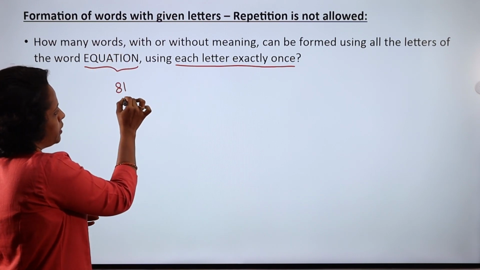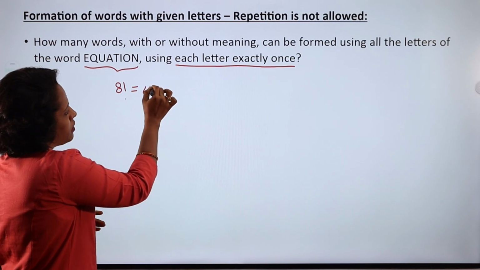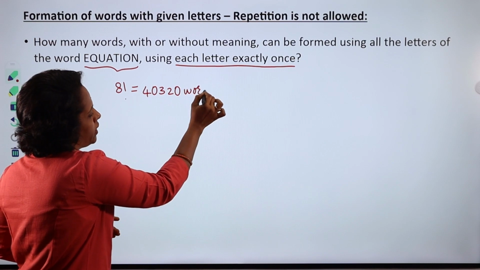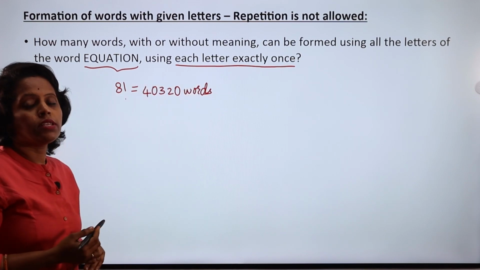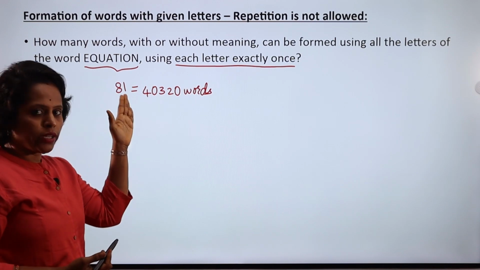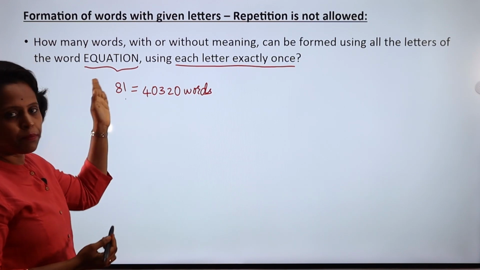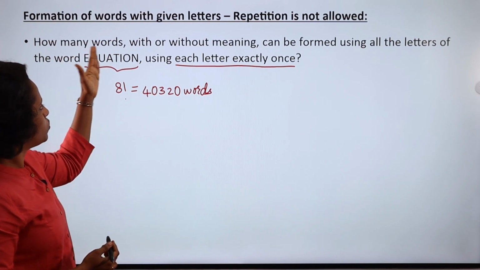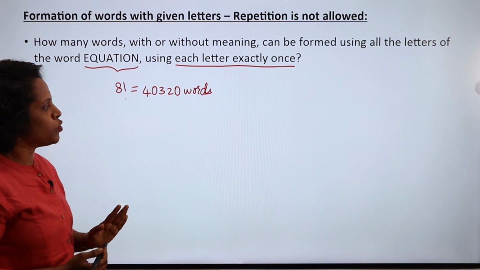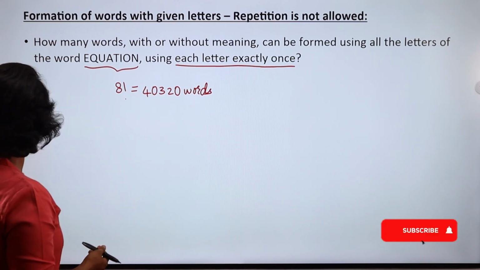So, your answer will be 8 factorial, which equals 40,320. So 40,320 words can be written using the letters of the word equation. So simply count the number of letters, 8 factorial, right? So 40320 words.